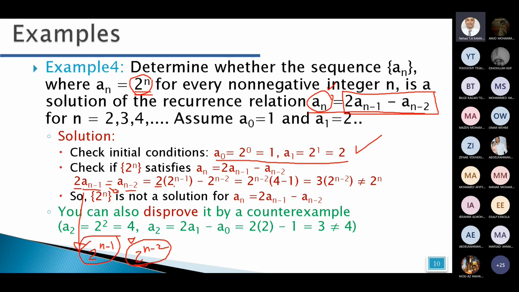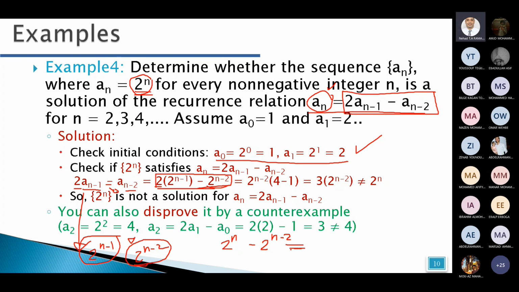So let's solve this one first. 2 multiplied by 2 power n minus 1 is actually 2 power n, minus 2 power n minus 2.